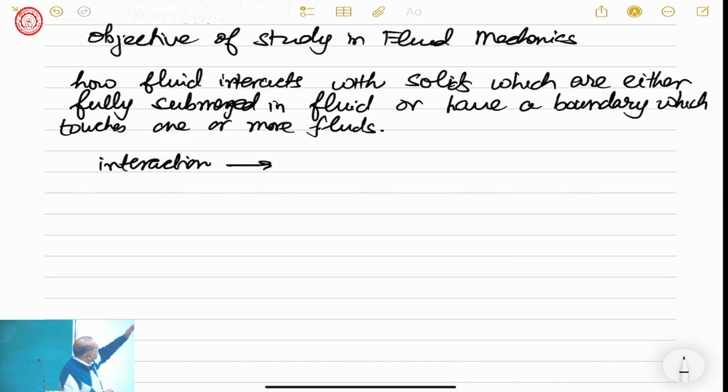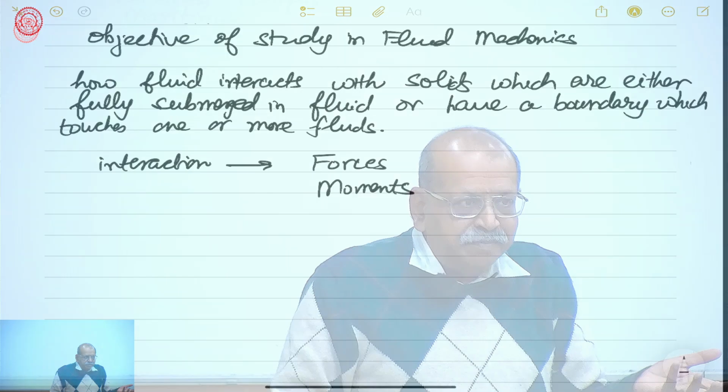Now, when I say how fluid interacts, in terms of our mechanics quantities, these interactions are measured in terms of overall forces and moments. And these are examples of that.